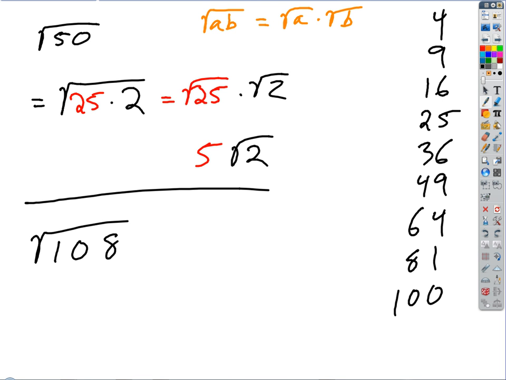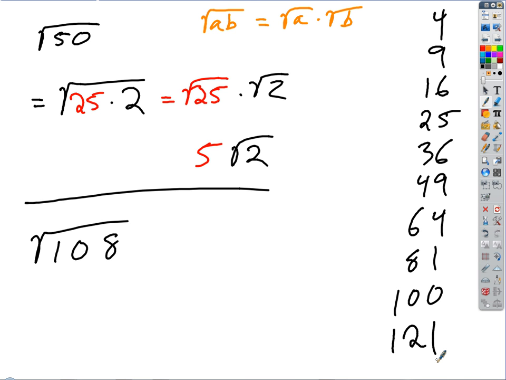Now, I'll show you a little trick for this too. Is 108 going to be a perfect square? No, the next one in line would be 11 squared, which is 121. So 108 is not a perfect square. What's the biggest number we'd have to start looking with?